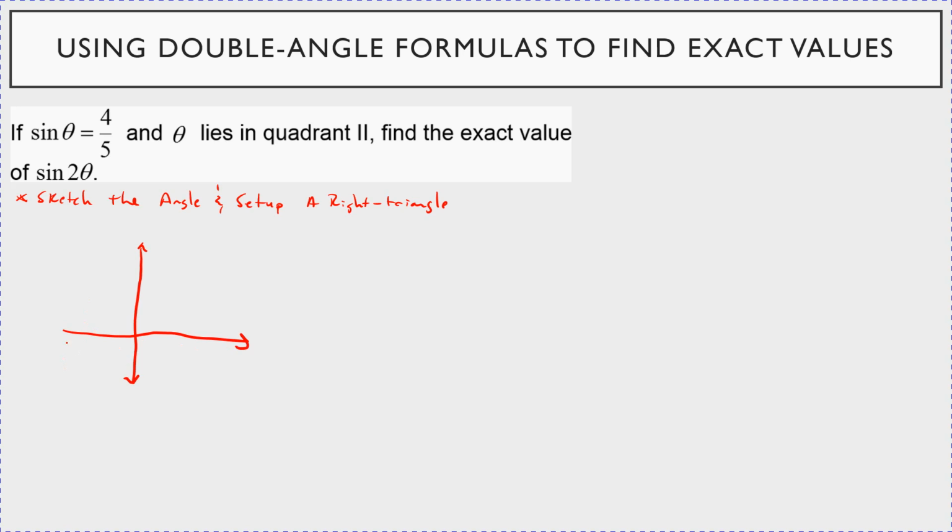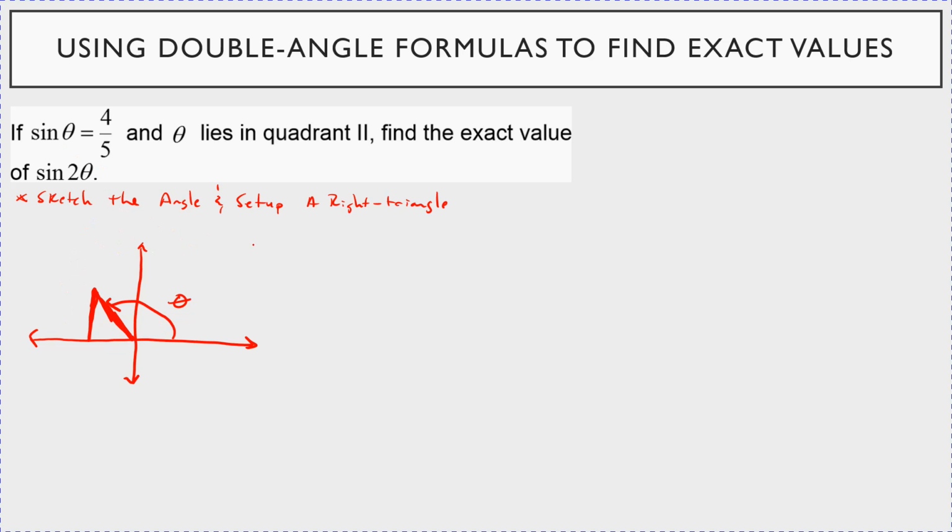Forgive the little sloppy drawing to start here. Theta is going to be somewhere over here. So here's theta, and all I'm going to do is drop down a right triangle here, like this.